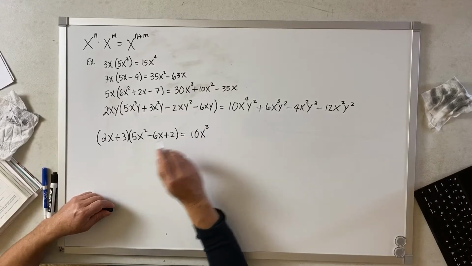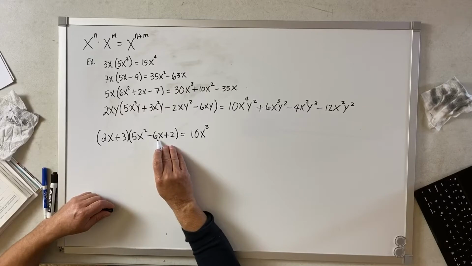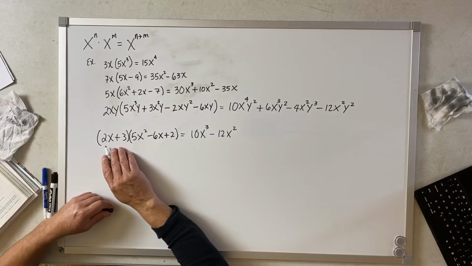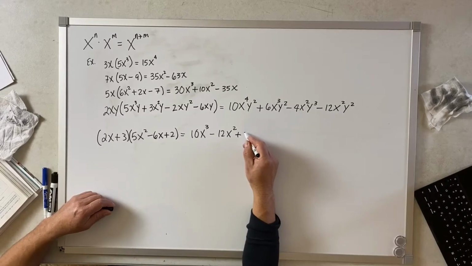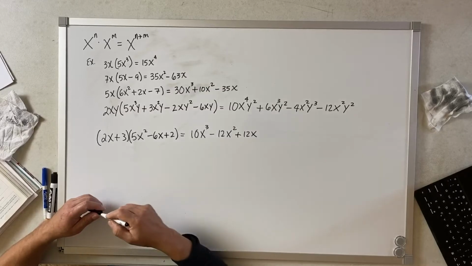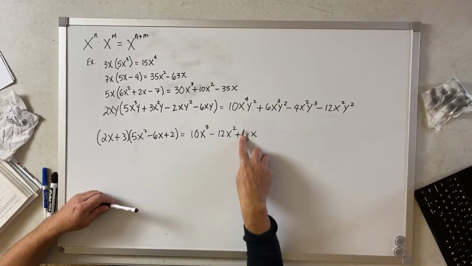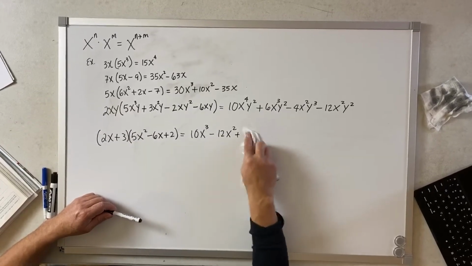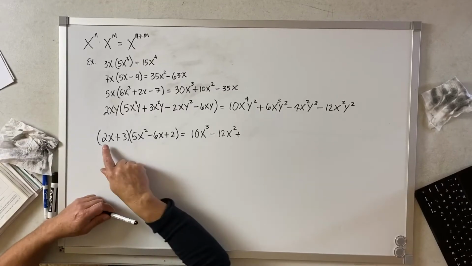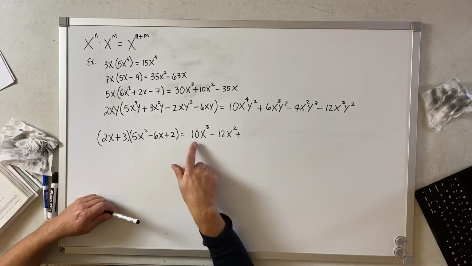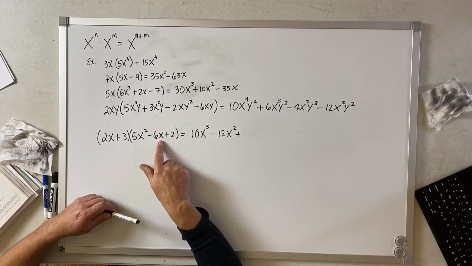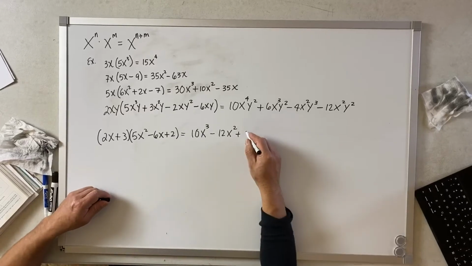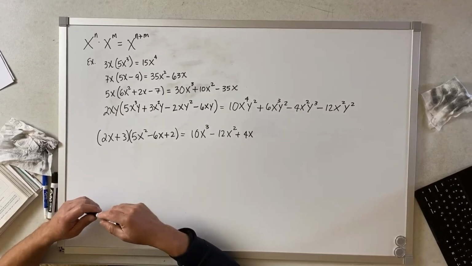So 2x times 5x squared is 10x cubed. 2x times negative 6x is negative 12x squared. And then 2x times 2 is 4x. This is the long way. There's a better way. I'm going to show you.